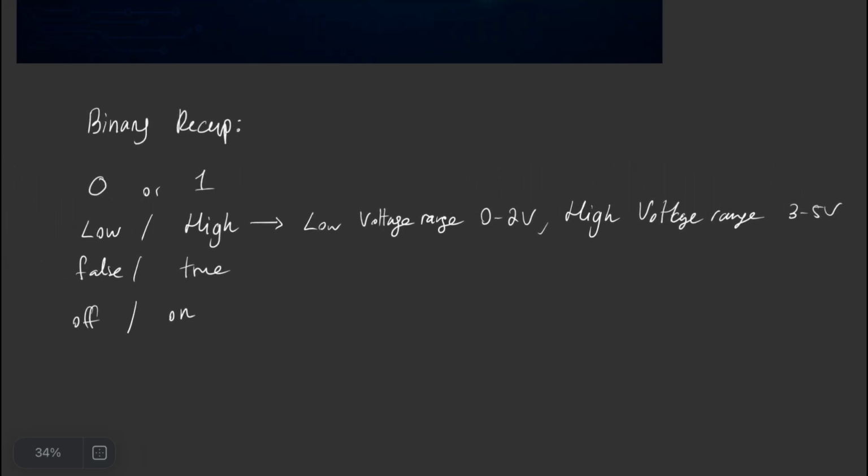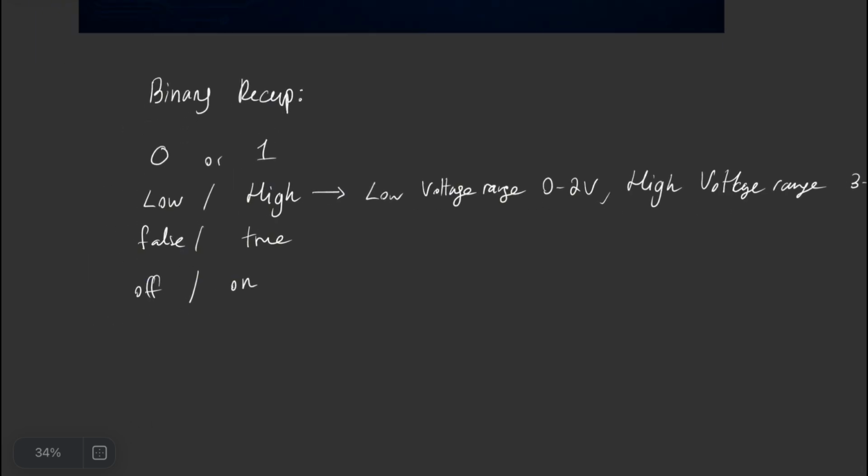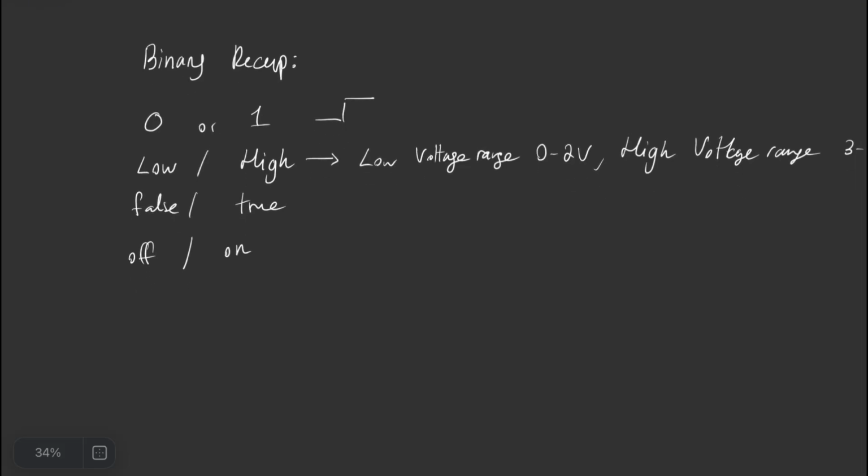So when I say low or high, I don't want you to confuse this with some exact value. These are all ranges.